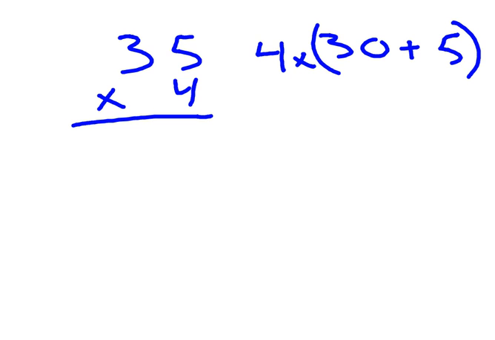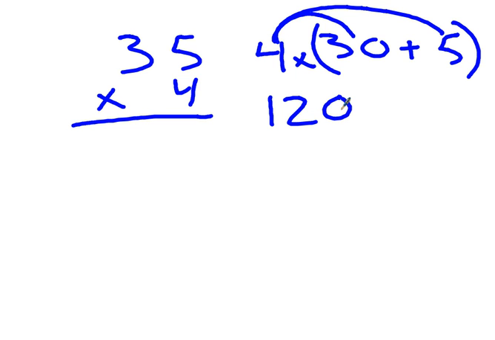Remember, distributive property. I multiply it by this one, and I multiply it by this one. What's 4 times 30? Marcus? 120. That's exactly right. And what is 4 times 5? 20.